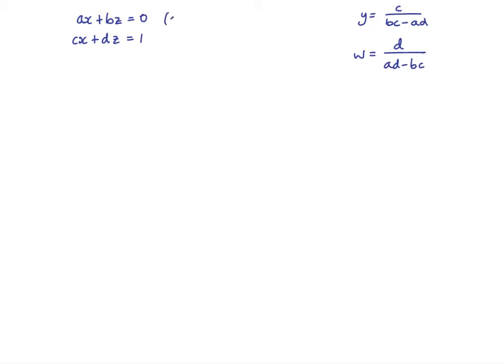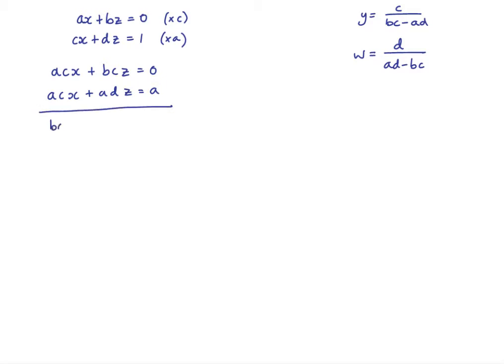Again, the process is going to be very similar. So we're going to multiply the top one by C, multiply the bottom one by A. So we're going to get ACX plus BCZ equals 0. And ACX plus ADZ equals A. And we're going to subtract.